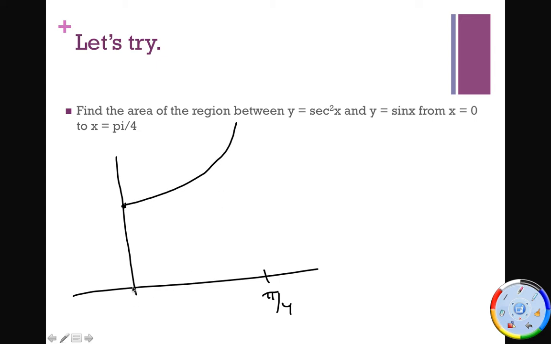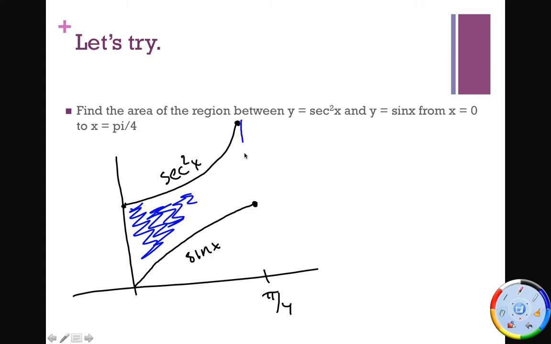And sine of x looks something like this. So this is secant squared x, this is sine of x, and we want to know the area here between the two functions.